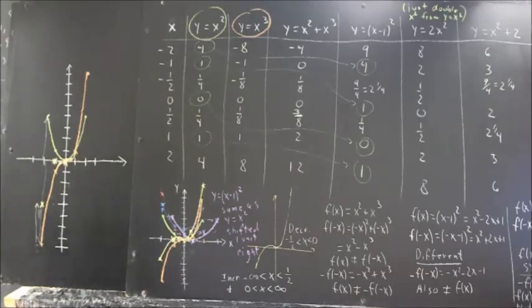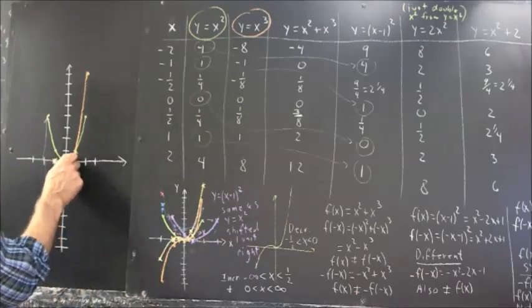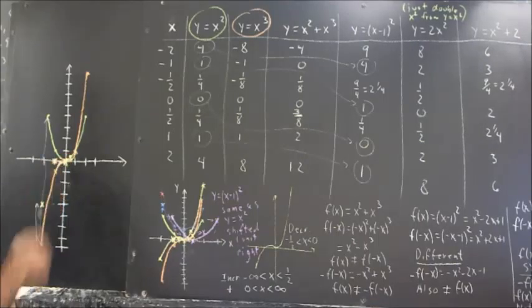And then at x equals 1/2, both graphs are pretty close to the x-axis. The one is 1/4 of a unit above, the other point is 1/8 of a unit above. When we add those, we get a point a little bit higher than the value of x squared.